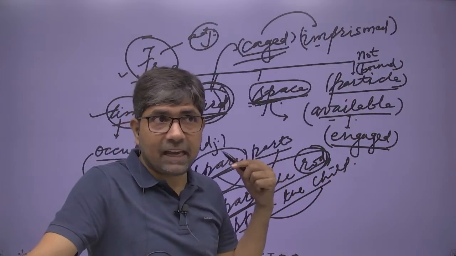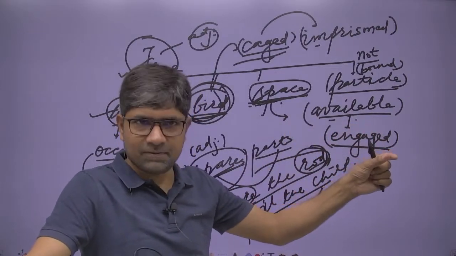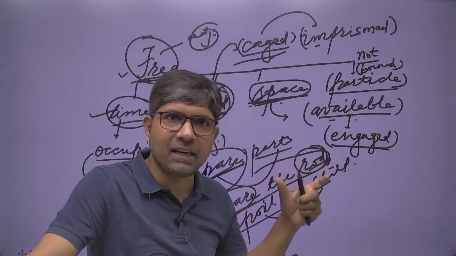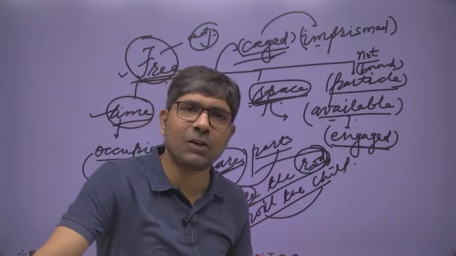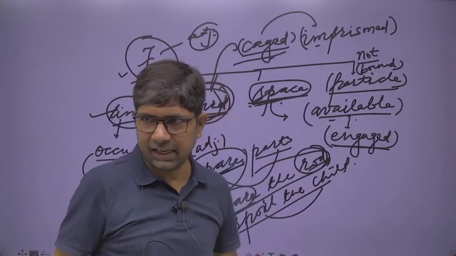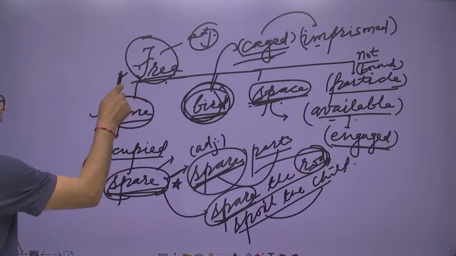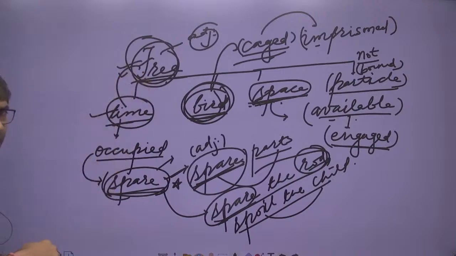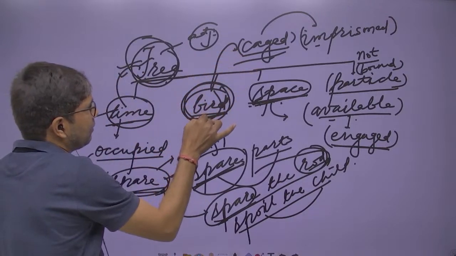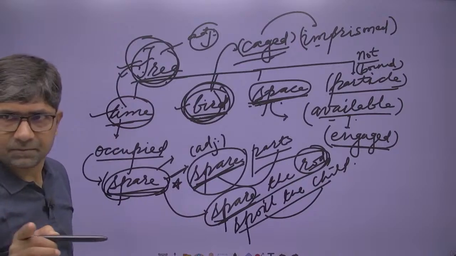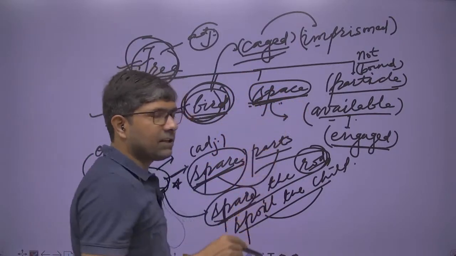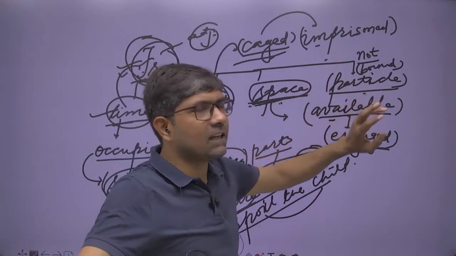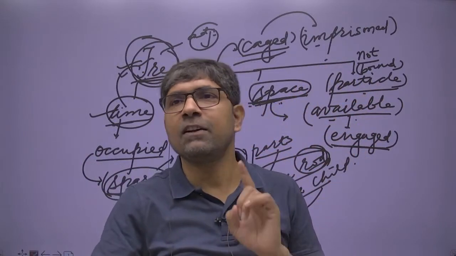So in any language, when a noun goes with an adjective, then that combination assumes absolutely a different meaning, right? So see, free time will give you a different synonym of free. Free bird will give you a different synonym of free. Free space will give you a different synonym of free. And free particle will give you a different synonym of free.